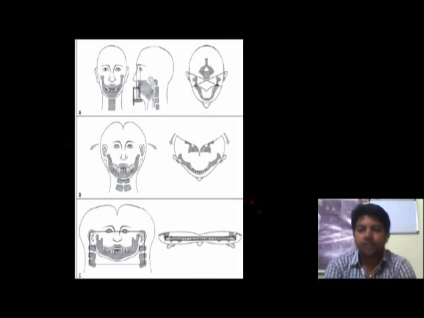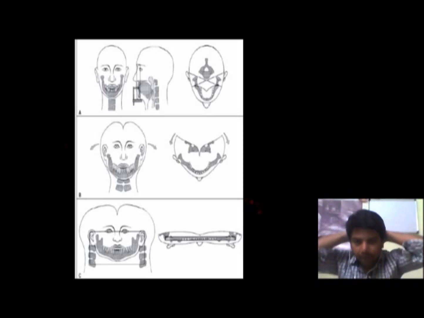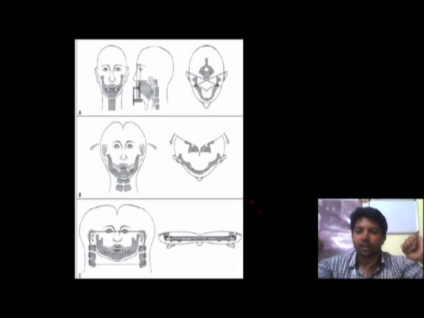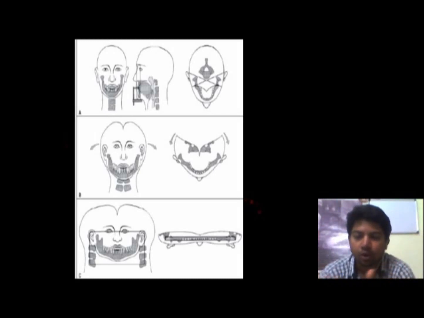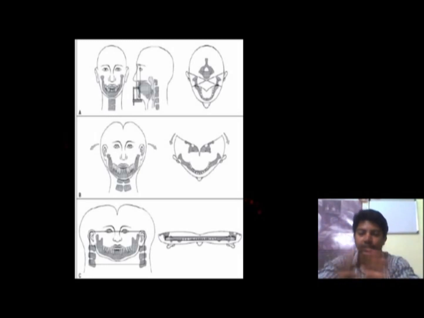Just imagine that the skull is opened up from behind and it is placed on a straight line. That is how an orthopantomographic image is formed. From just behind the spine, overall the skull is opened up and placed on a single plane.